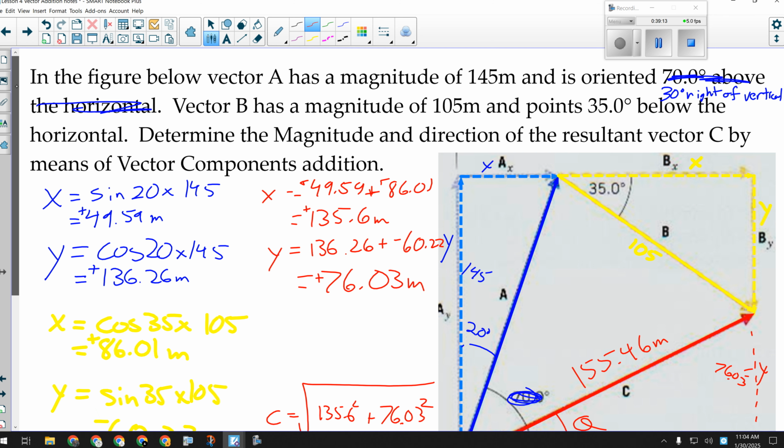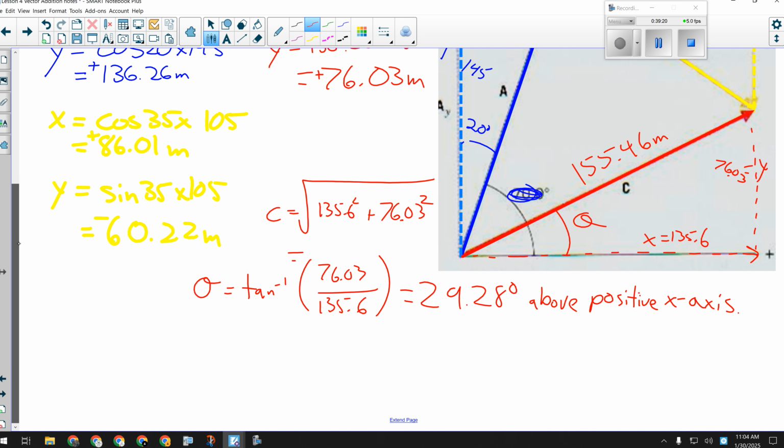All right, so my final answer can only have 2. Okay, got to be as accurate as your least accurate number. So final answer is going to be 1.6 times 10 to the 2 meters at 29 degrees above positive x-axis.